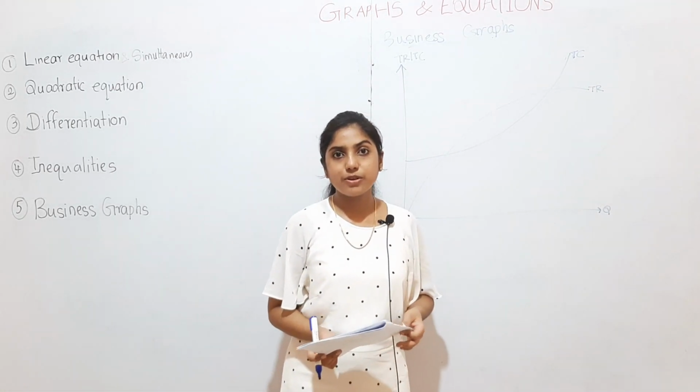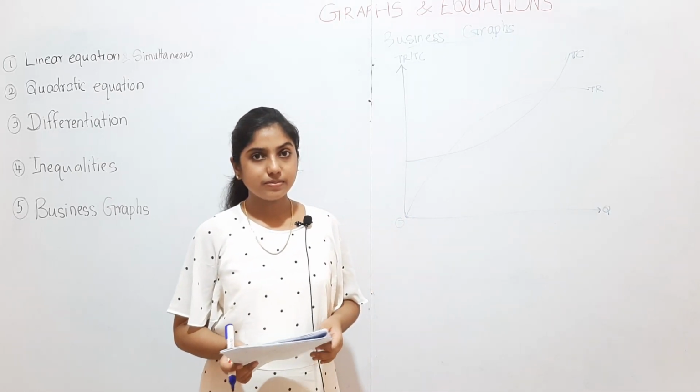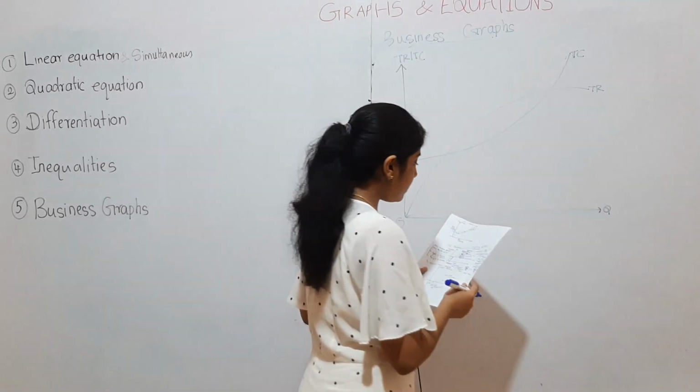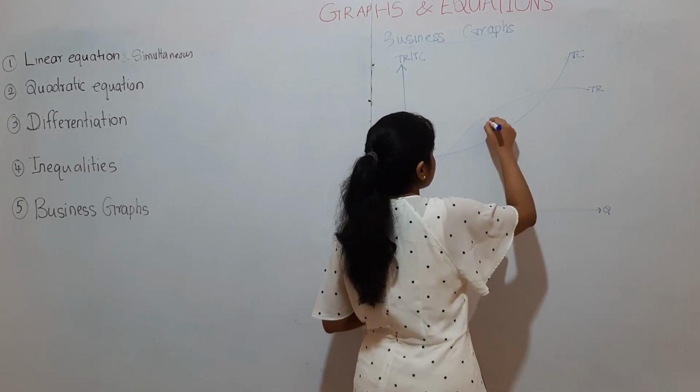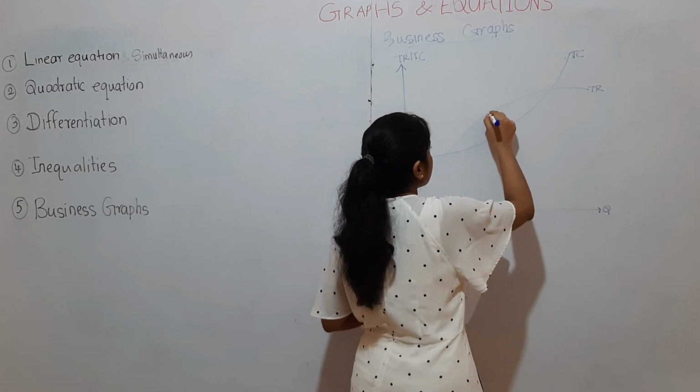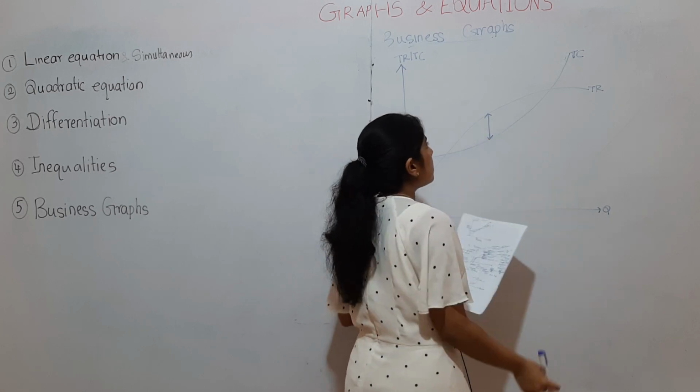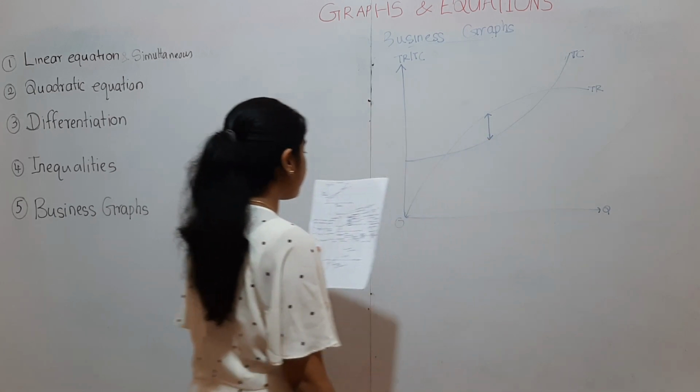How do we mark the profit or loss area? We see the maximum profit will be where there is the highest gap between cost and revenue.